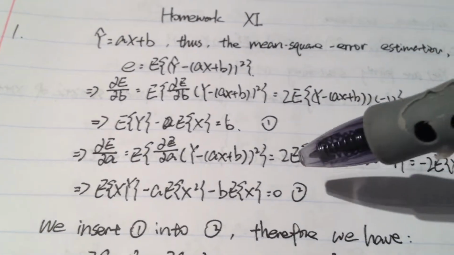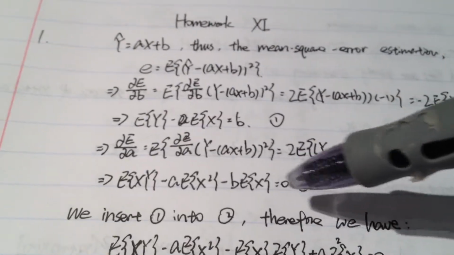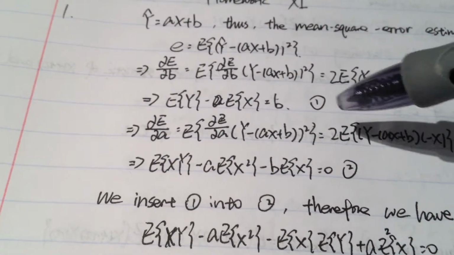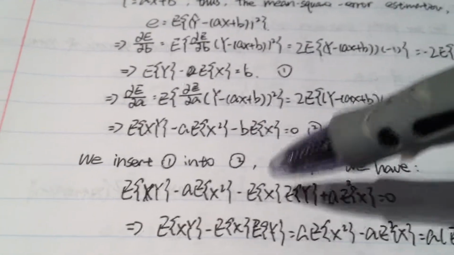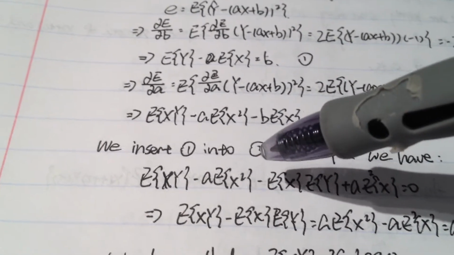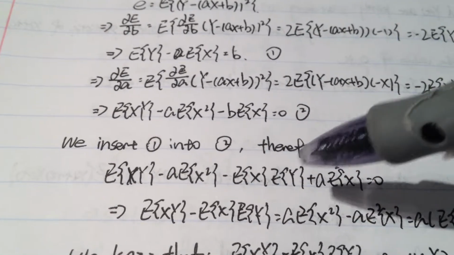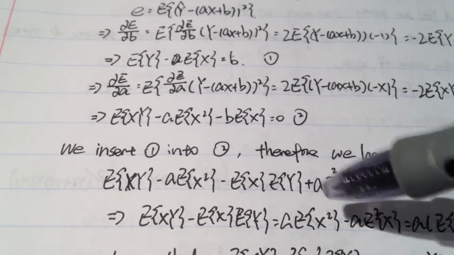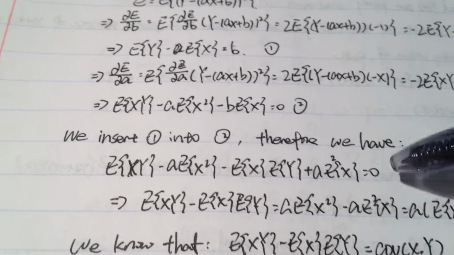And so that we also can use chain rules here, so we can get this equation, the function 2, and here we insert 1 into 2, so that therefore we know that the mean of xy minus the mean of x squared minus the product of the mean of x, the mean of y, and plus a multiply the square of the mean of x equals 0.